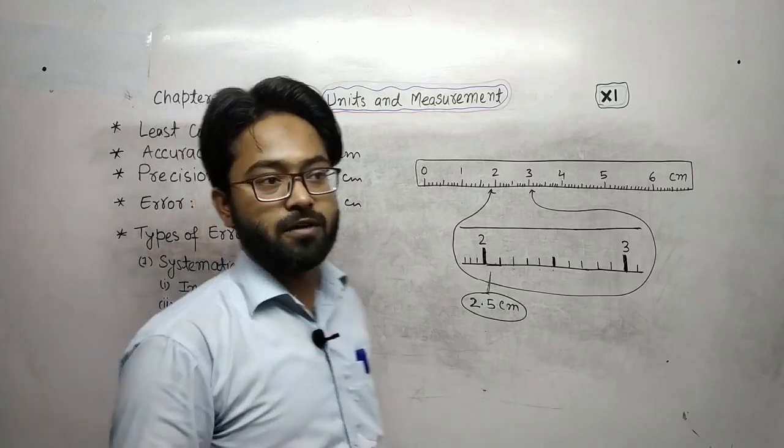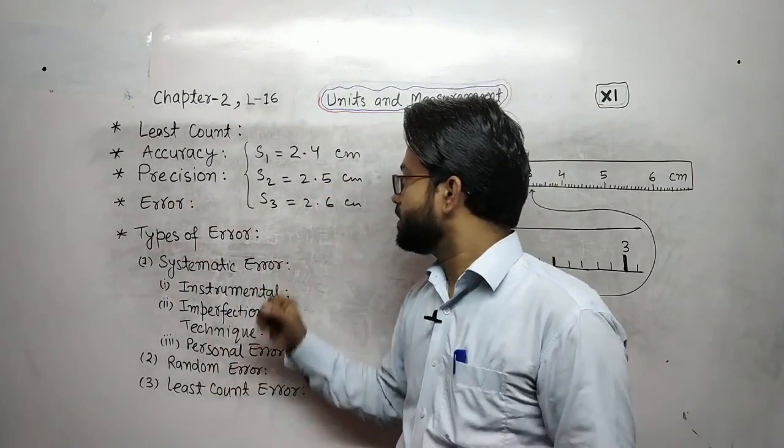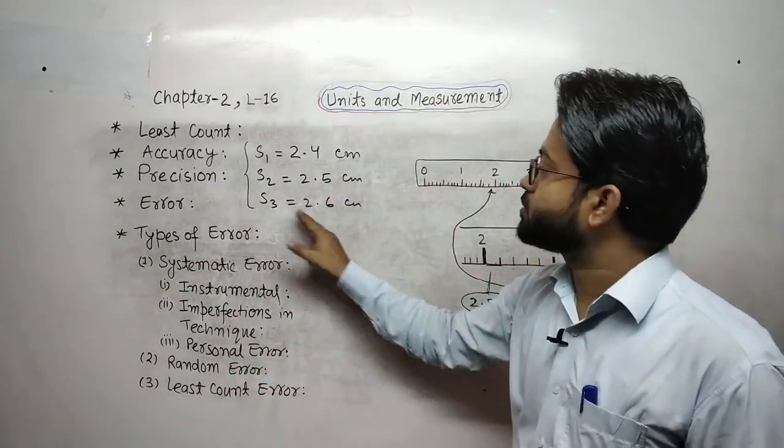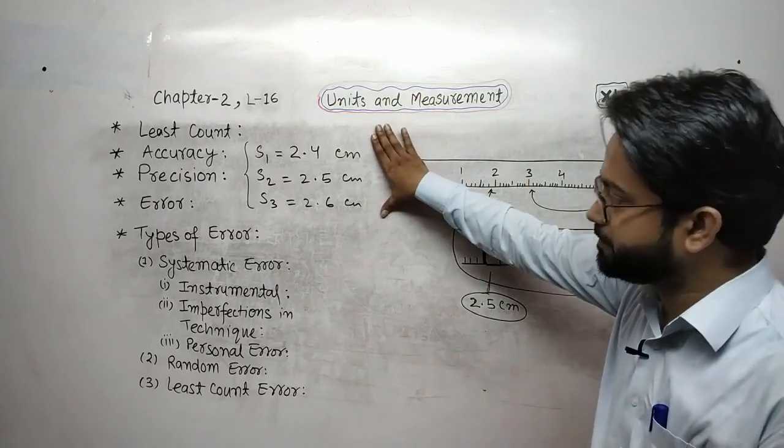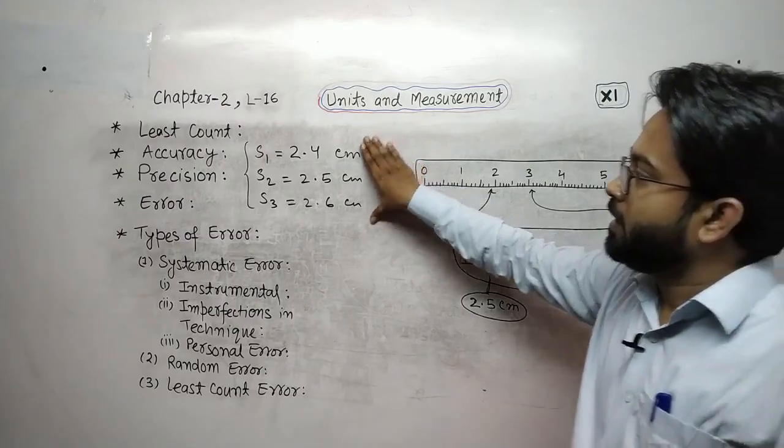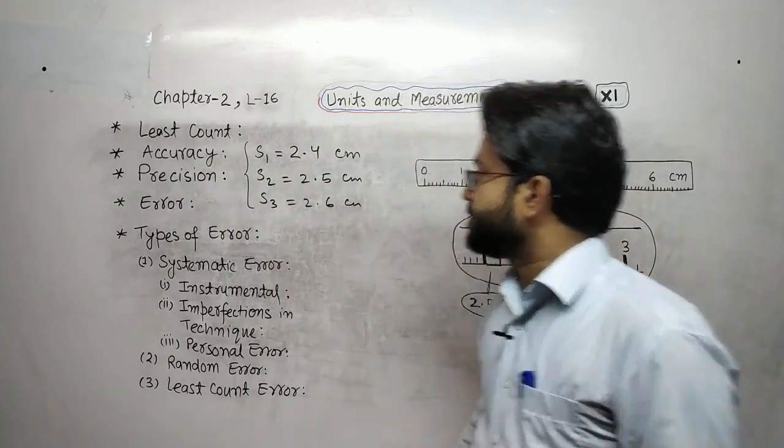Let us suppose student 1 measures 2.4 centimeter, student 2 measures 2.5 centimeter, and student number 3 measures 2.6 centimeter. We are talking about accuracy.